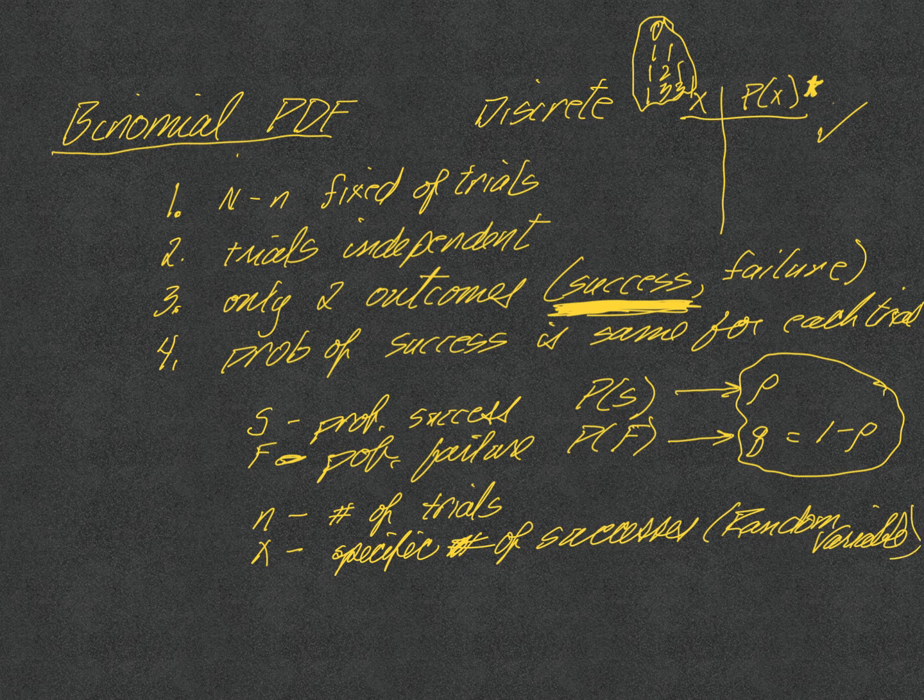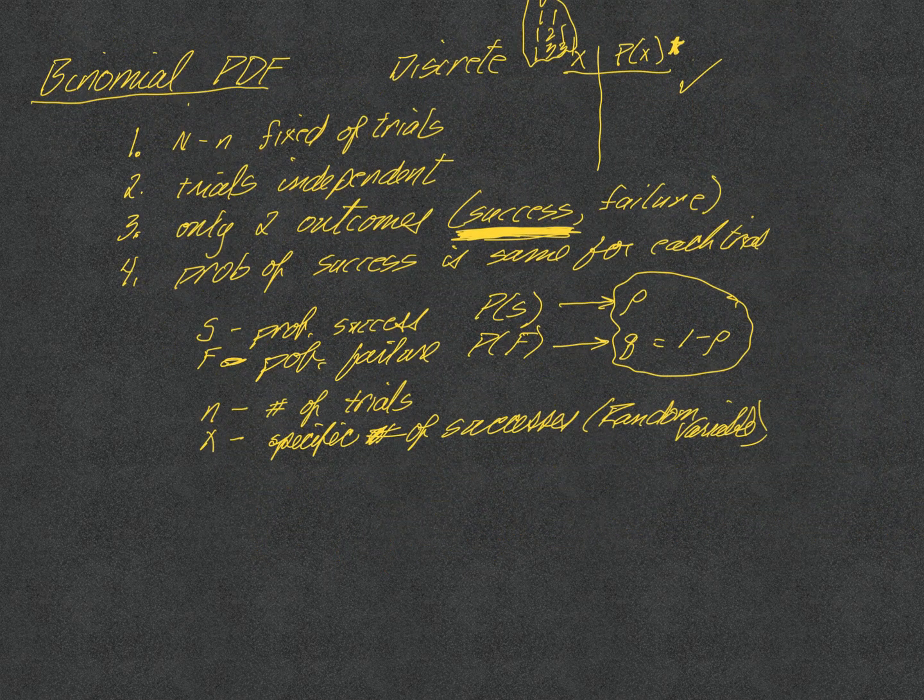And the probability of X then stands for the probability of X successes. That's our notation that we're going to use here.